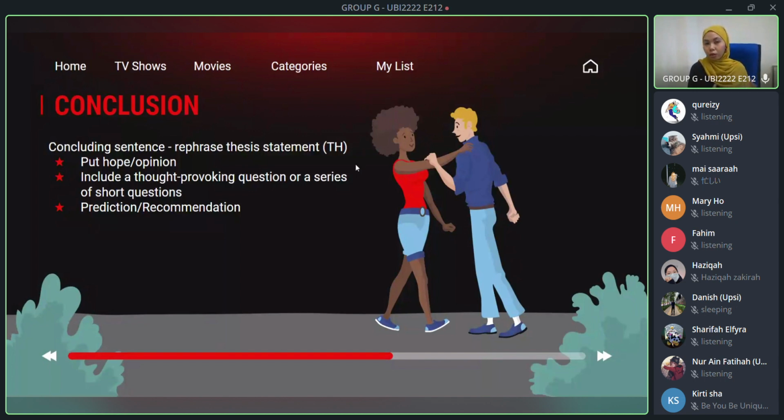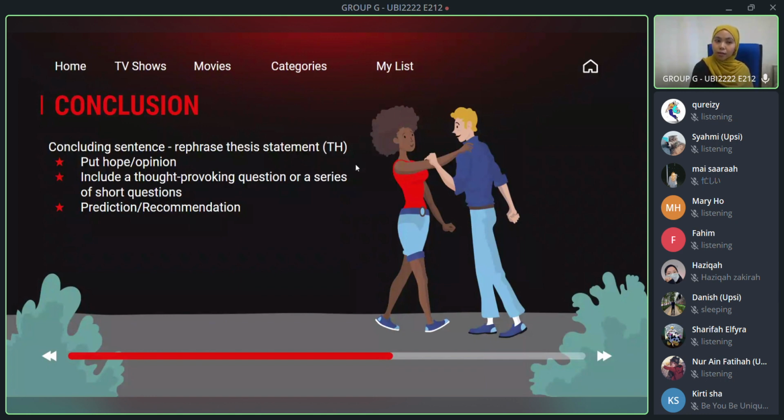So you rephrase your thesis statement and put it there in the concluding paragraph. What is the function? You are reminding the reader that you have read about main point 1, 2, and also 3. For the thesis statement, you want to introduce to them that you are going to be reading about main point 1, 2, 3, but in the concluding paragraph, you are reminding them, okay, you have read about this, this, and this.